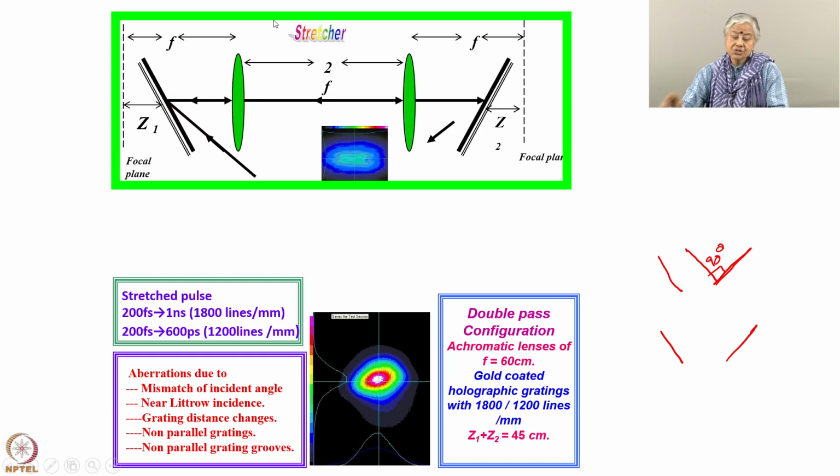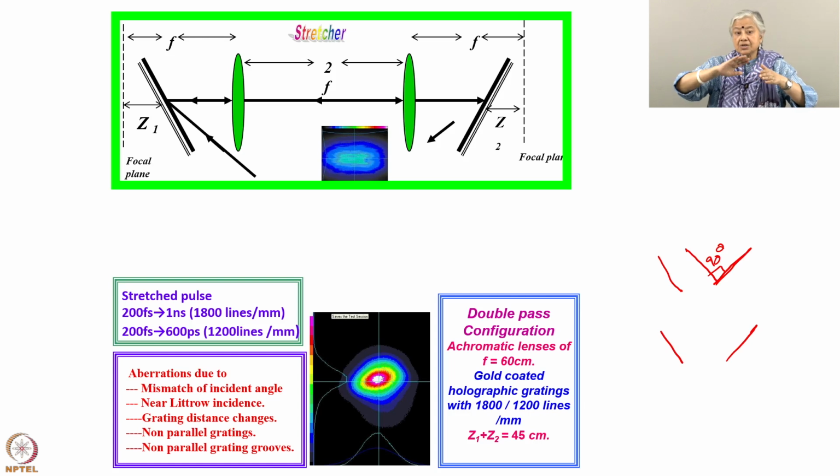Now, if I had just one grating, the first one, Z1, and all the frequencies are spreading out, and I let them travel over a very big distance. After that big distance, if I place a detector, we will find the blue side has come faster, or the red side has come later.